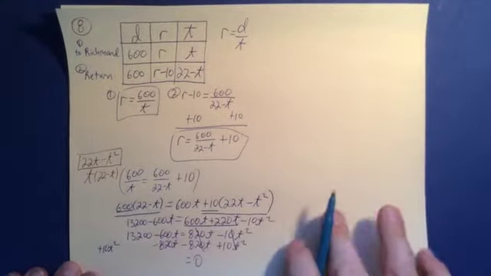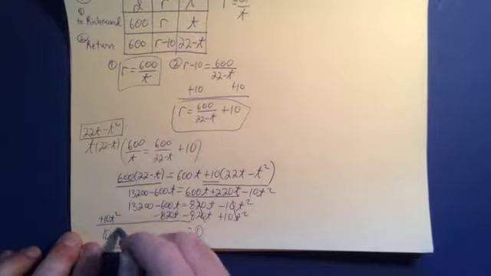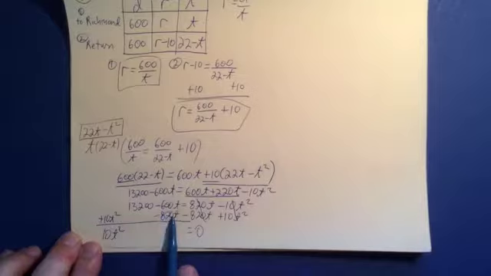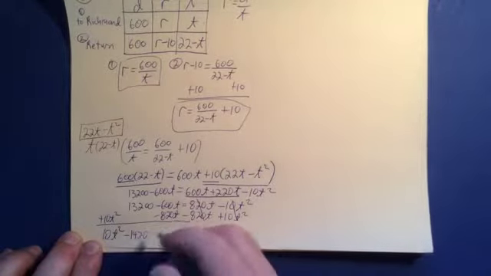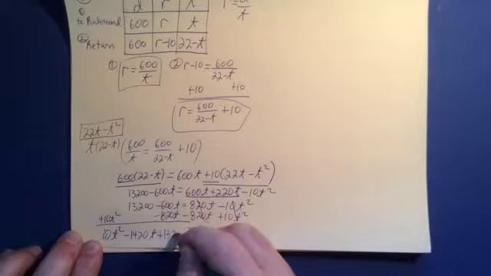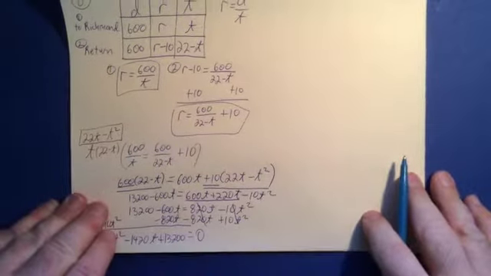I'm going to put the 10t squared here. Here I've got negative 600t, negative 820t. I'm going to move that here, just so it's in descending order. So that'll be negative 1420t, and then I'm going to put this plus 13,200 here, and that's going to be equal to 0.